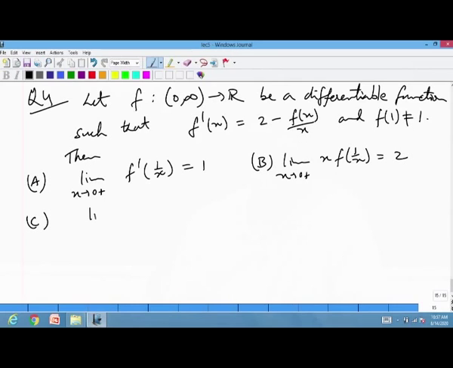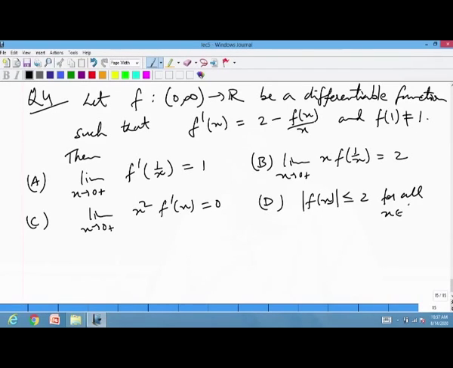C is limit x tending to 0 plus x square times f prime x equal to 0. D is mod f x less than or equal to 2 for all x belonging to open interval (0, 2).